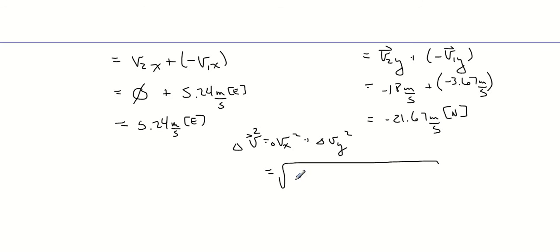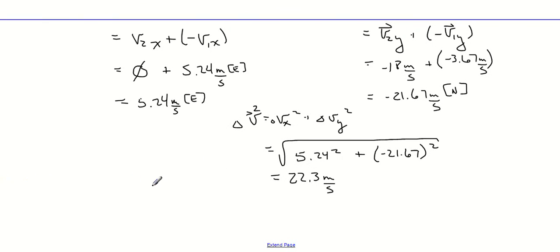So if we do this, then the square root of 5.24 squared plus bracket negative 21.67 bracket squared will give us 22.3 meters per second. Now that's great, but we have to find a direction for this.